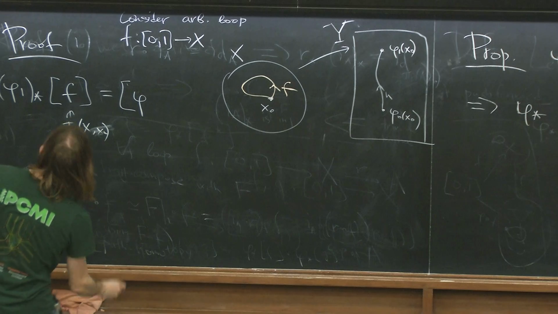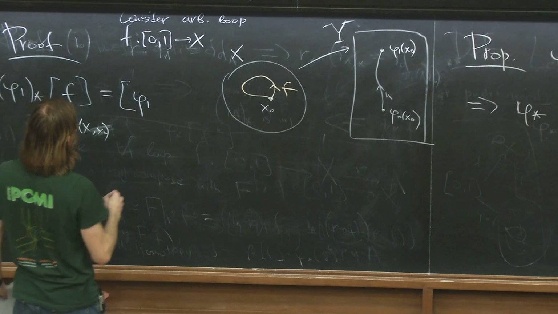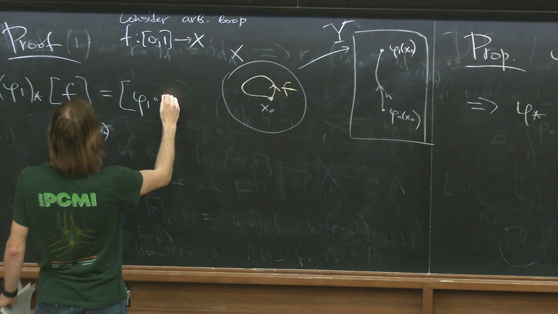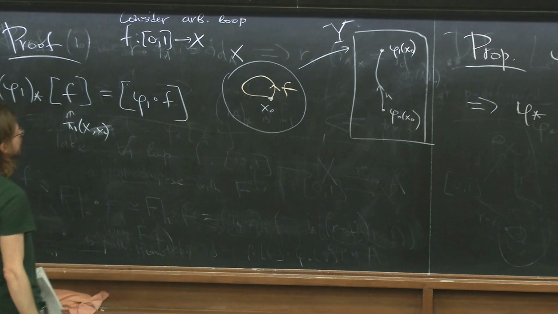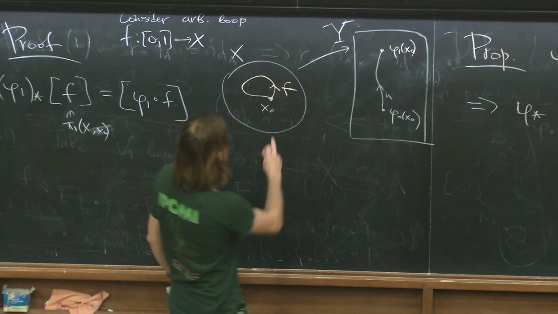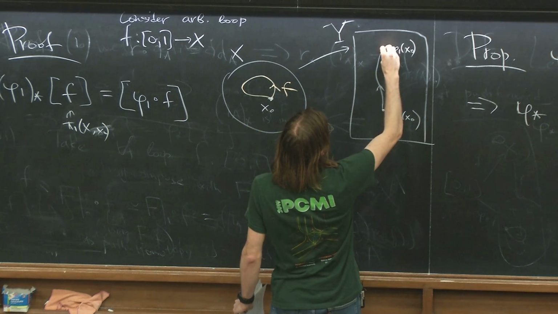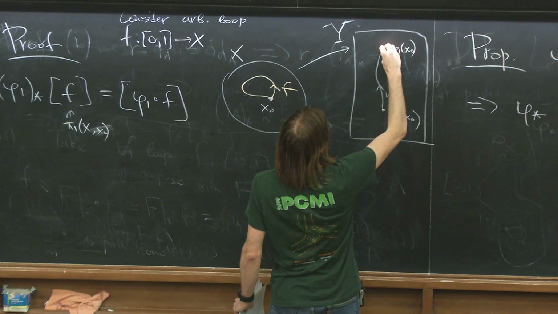By definition, this is just the class of the composition of phi1 with F, which is, so just take this loop composed with phi1 and get some sort of loop here.